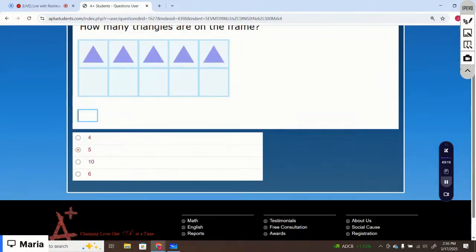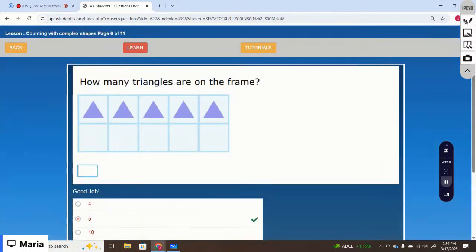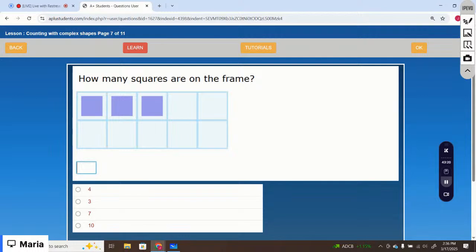There are five triangles. How many squares are on the frame? The option number two is the correct option.